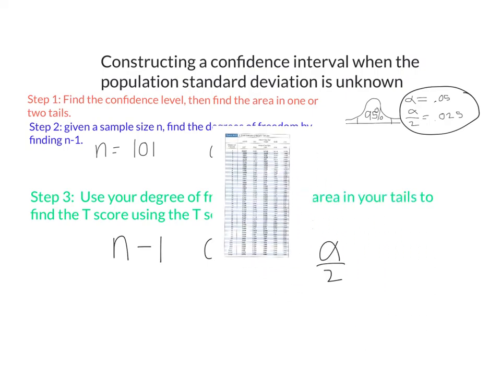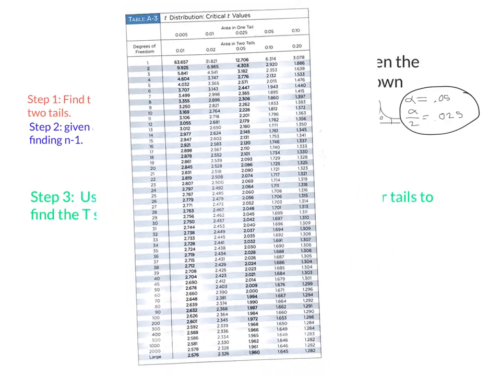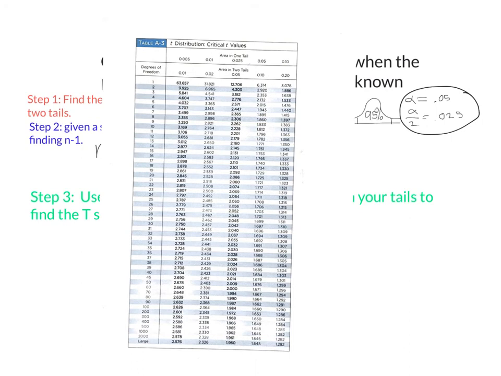So here is the t-distribution chart. If you look up at the top, we have the area in 1 or 2 tails. So if I have area in 1 tail is 0.025 and the area in 2 tails is 0.05, they relate together, so you don't have to find one or the other. If you know both of them or whatever you want, it works.